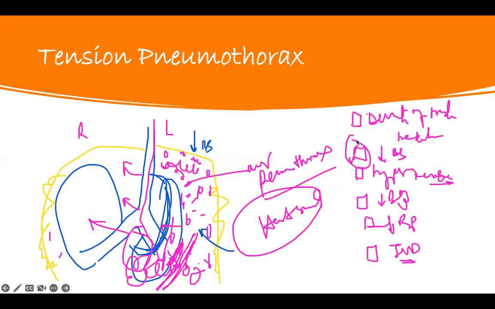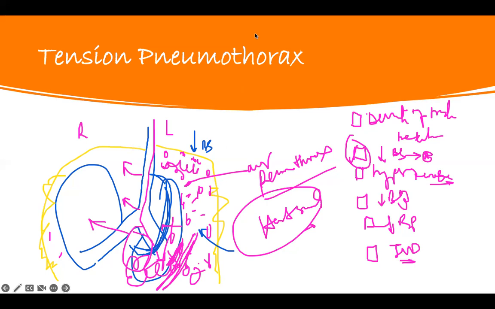There's a change in breath sound in tension pneumothorax, compared to cardiac tamponade, where there's no breath sound changes at all. So that's how you can distinguish between tension pneumothorax and cardiac tamponade. Nothing wrong with your breath sound with cardiac tamponade, except tension pneumothorax.